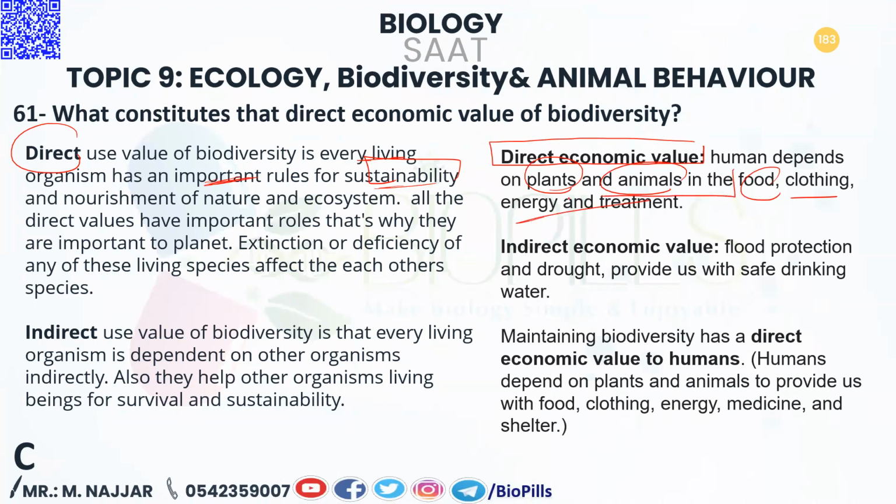Those are the major domains of direct economic value. We have indirect economic value, such as flood protection, fighting against drought, and providing us with safe drinking water. They are affecting us, but not instantly, not directly.